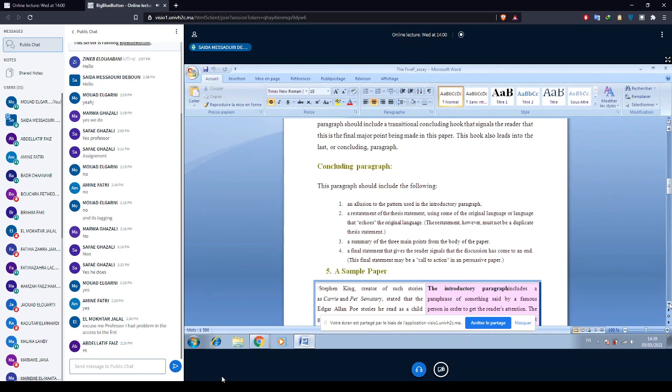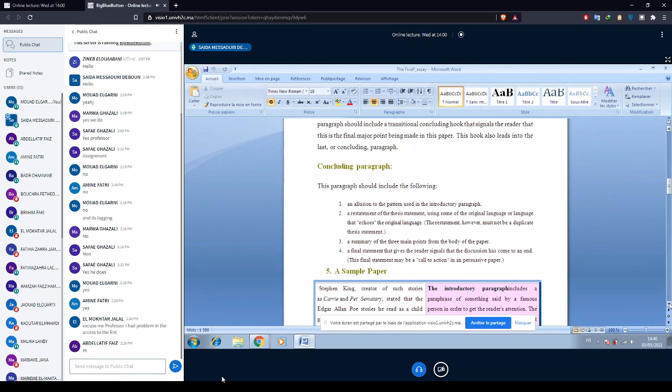Of course not. A summary of the three main points from the body of the paper. So a summary from the paper. Remember, in the introduction, we have the three keywords, sort of an outline. But here you have a summary of the three paragraphs. You take it from the body language that you have used.